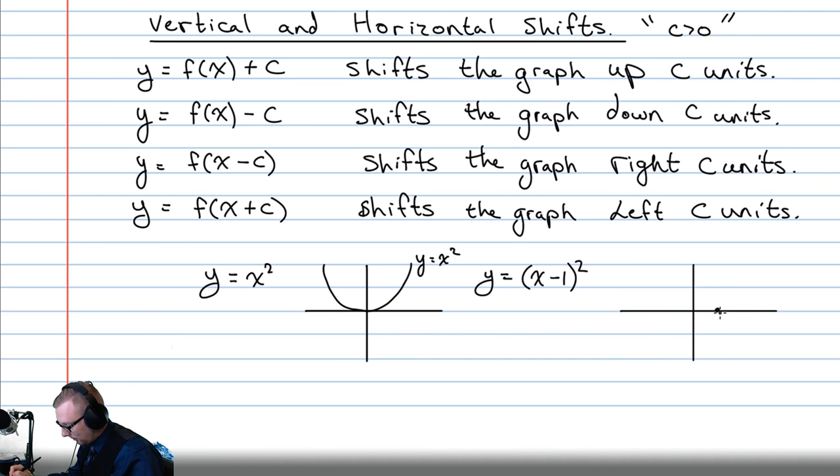Yeah, so the original graph will move over to the right. So you see, these are pretty simple. If you just follow these notes on these 4 little things, it's very easy to do this in general with a whole bunch of functions.